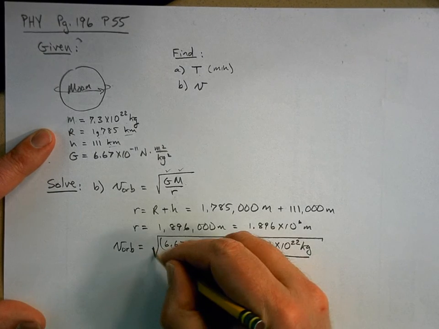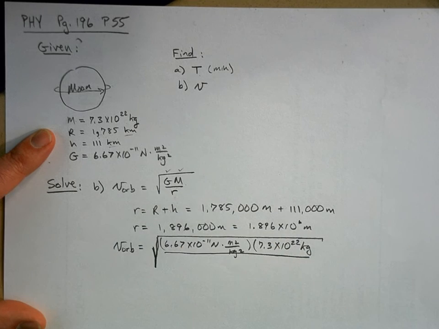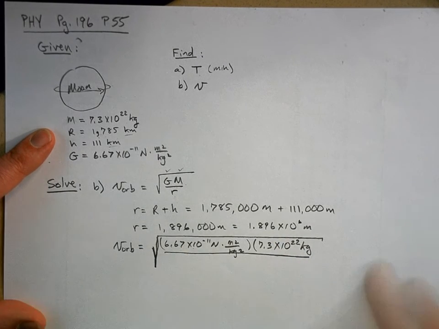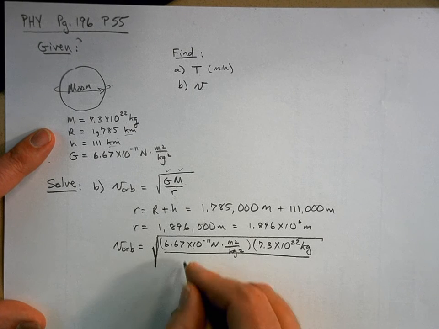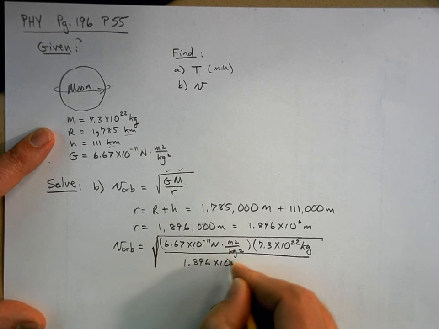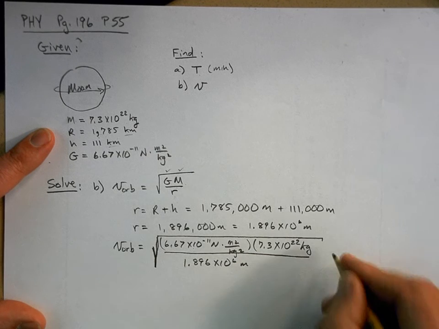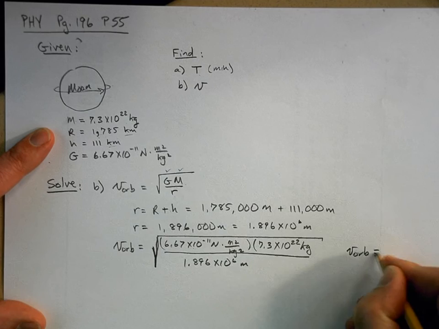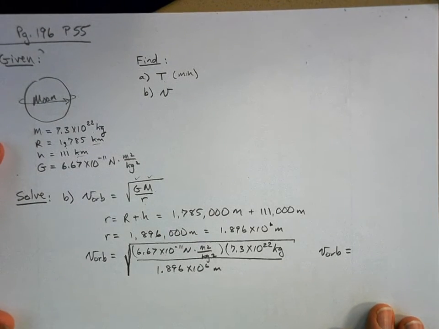You've got to make sure when you type it into your calculator that you do this times this divided by this, and then take the square root of the whole thing. And when you type all that into the calculator, you should get an answer.